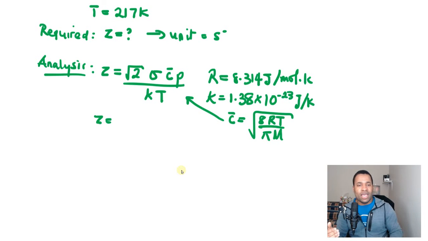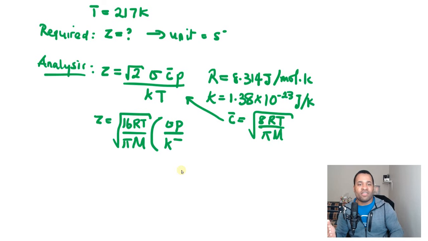So we have our new expression, which is now the square root of 16RT divided by pi m, all multiplied by our cross-sectional area multiplied by P, the pressure, divided by our Boltzmann constant multiplied by T in the denominator.